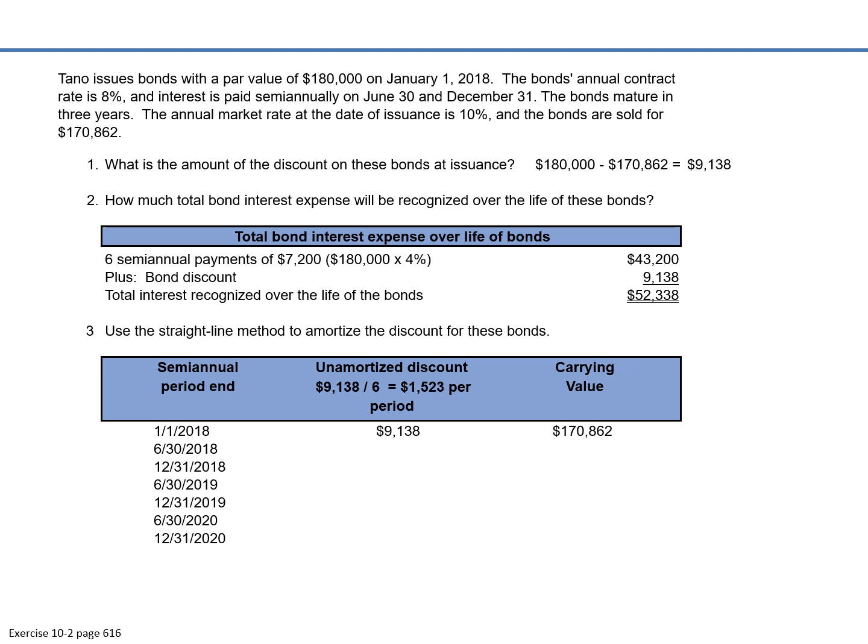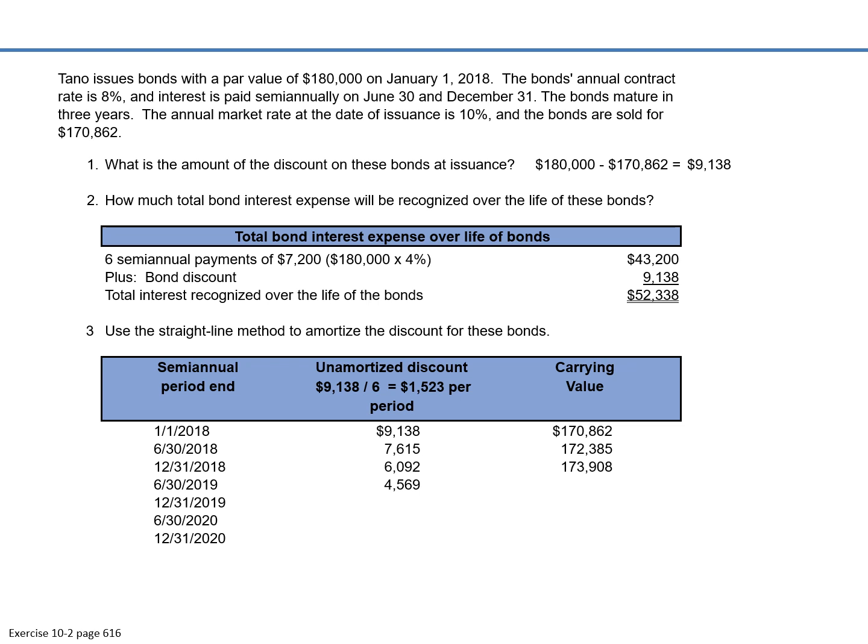9,138 divided by 6 periods. We're going to amortize 1,523 per period. So our unamortized discount is going to come down by 1,523 each period. And our carrying value is going to go up by that amount. Okay? So 7,615 less 1,523 is 6,092. 172,385 of the carrying value plus 1,523 is 173,908.